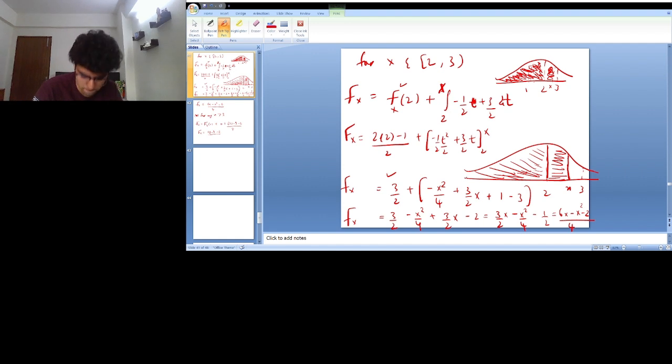Let me just check from the book. I've made an error here. I need to check where I made an error. From 2 to x.